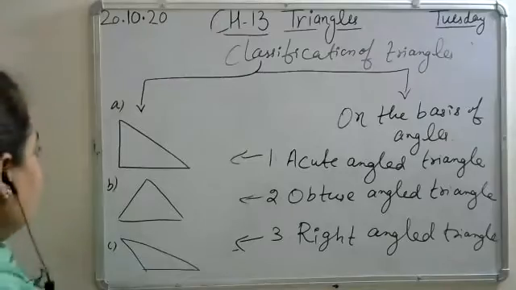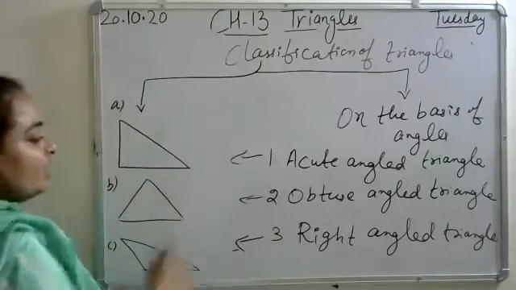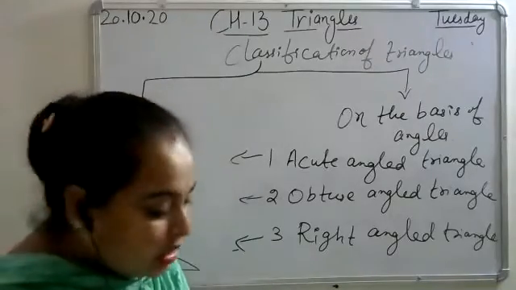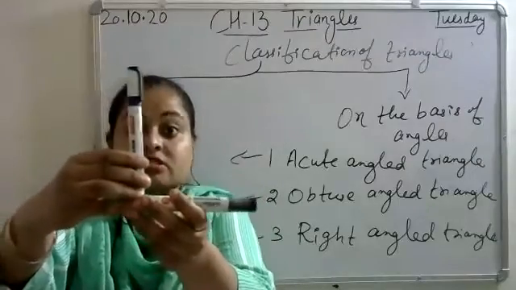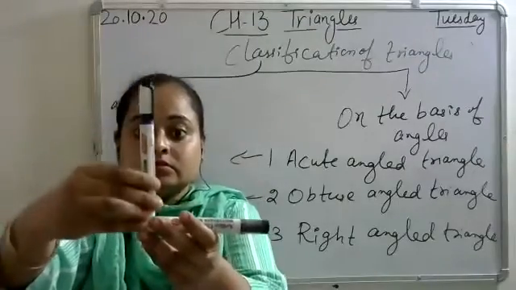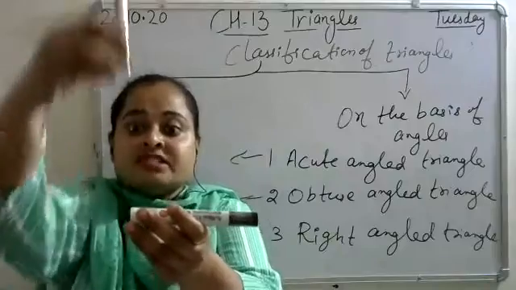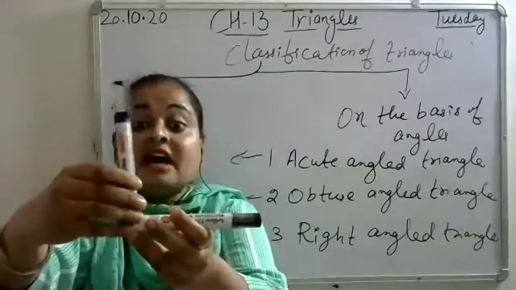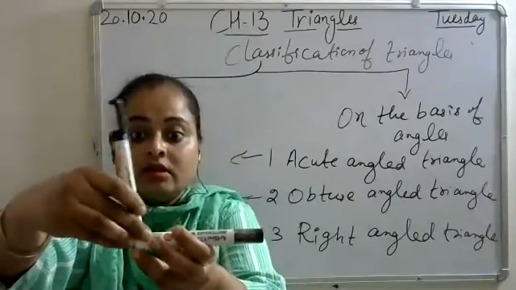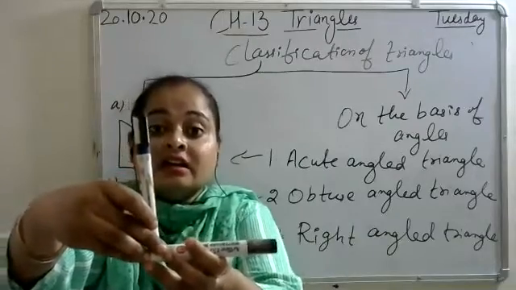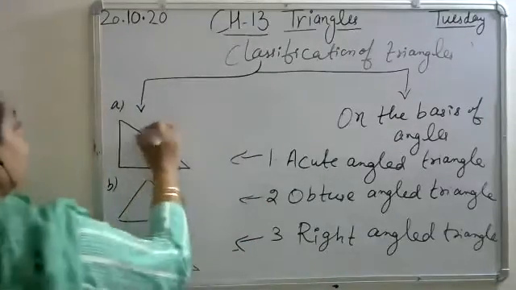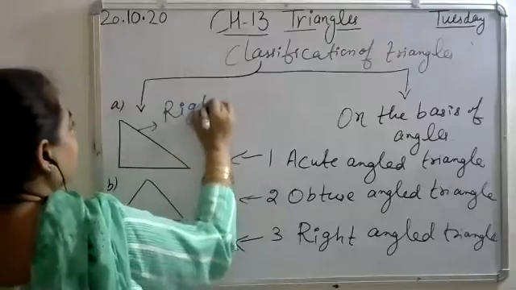Very good, Sia. First one is right angle. Look here. 90 degree angle is like this. This straight line. Whenever you will observe a straight line, it means 90 degree angle here. So 90 degree angle means right angled triangle. So this is right angled.